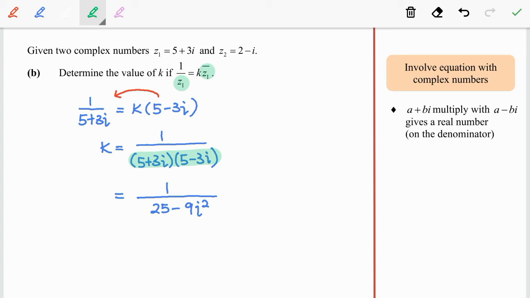Now we are going to substitute i squared with negative 1. So here we have 1 over 25 plus 9. By simplifying this, we get 1 over 34 as our final answer.